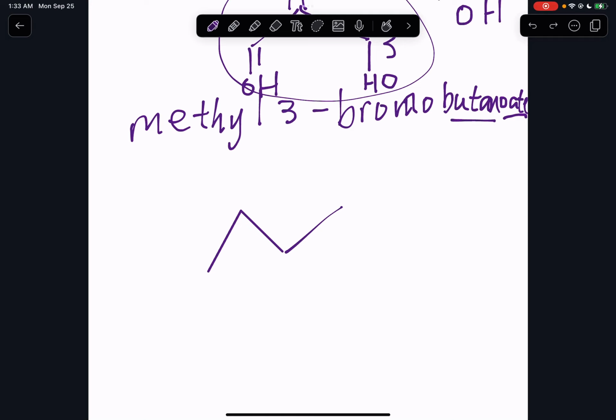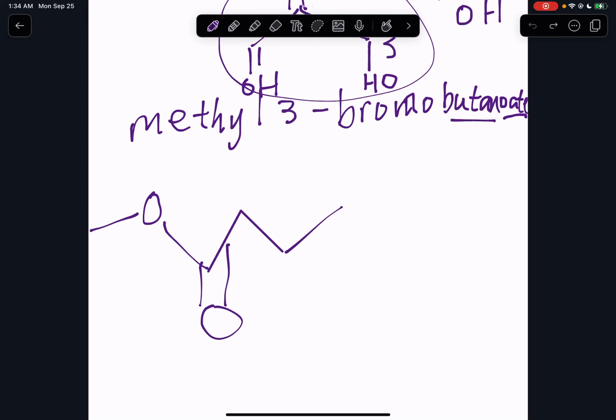This is how it looks: bonded with oxygen, and here it comes with oxygen again, and there's a bond with the hydrocarbons. So to start off, this is the 1, 2, and there's the 3.